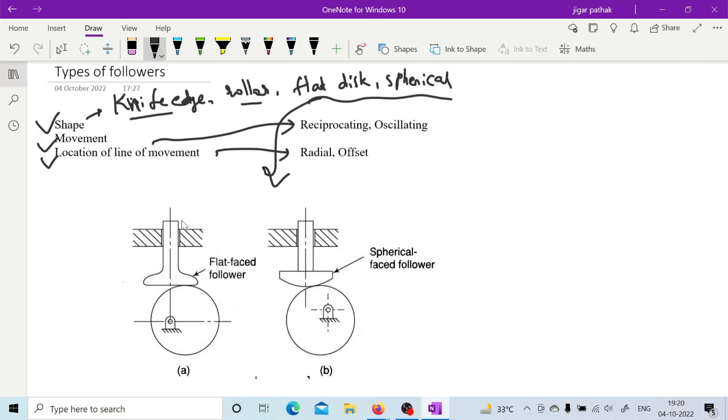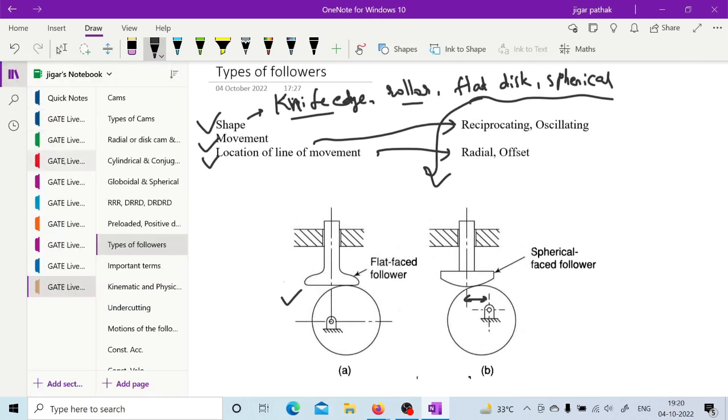If the line of axis of this follower passes through the axis of the cam, as it does here, then it is a radial follower. If it does not pass through and is a little bit offset, then it is considered an offset follower. So this is how you have various types of cams and followers.